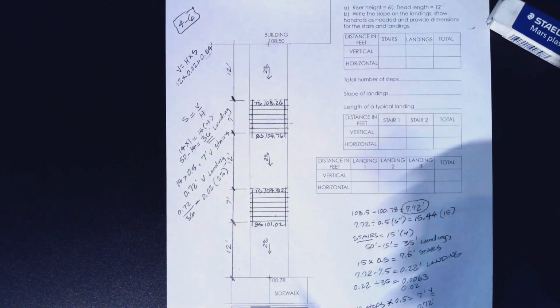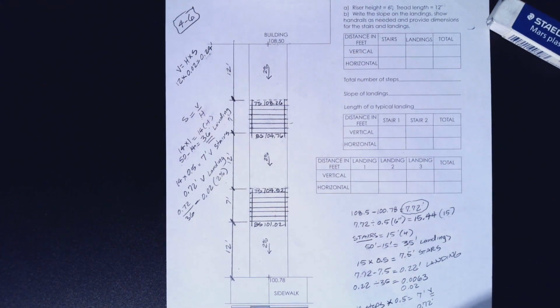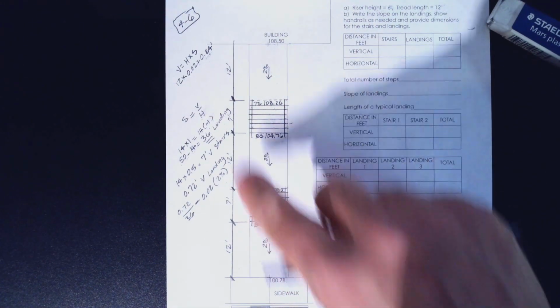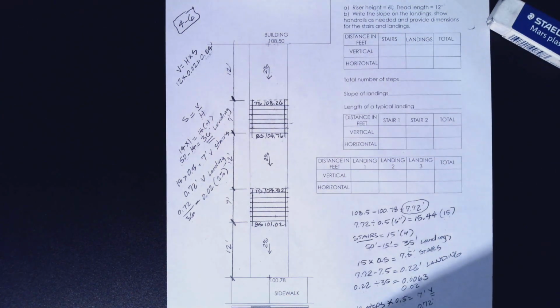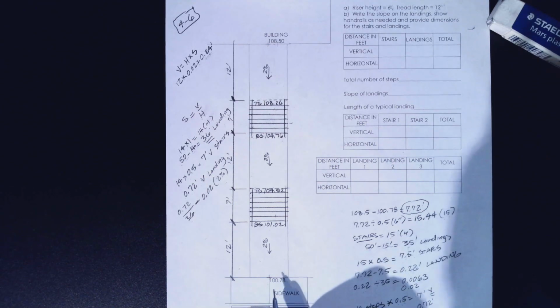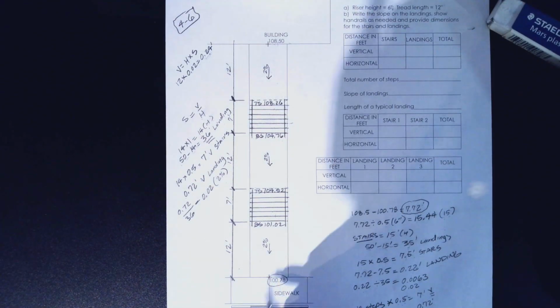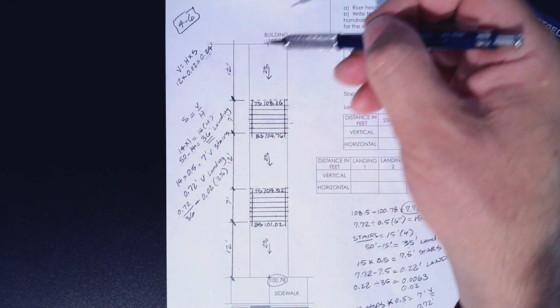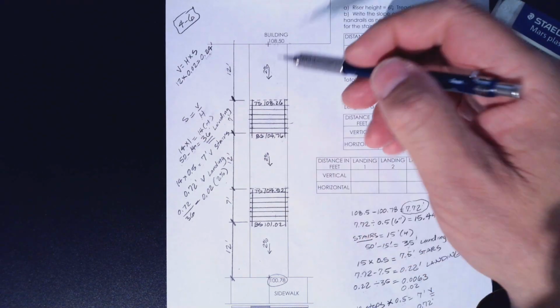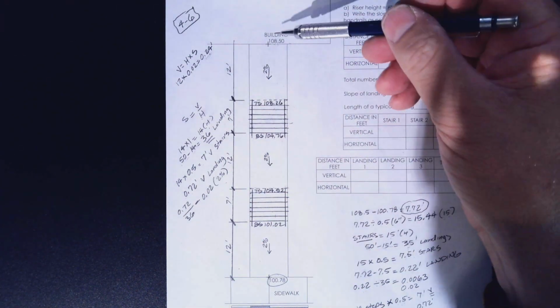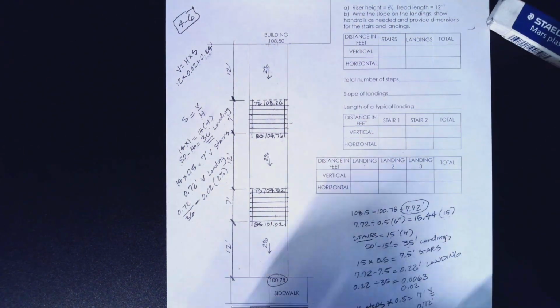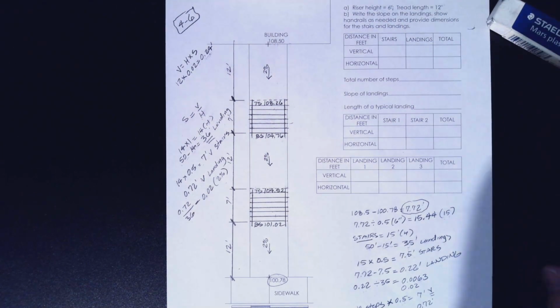You subtract 0.24 from that number, 101.02 minus 0.24 equals 100.78. And there's 100.78. So there you go. You got all the way down 2 flights of stairs, and the grades are correct, so everything's good. That's how that problem is done.